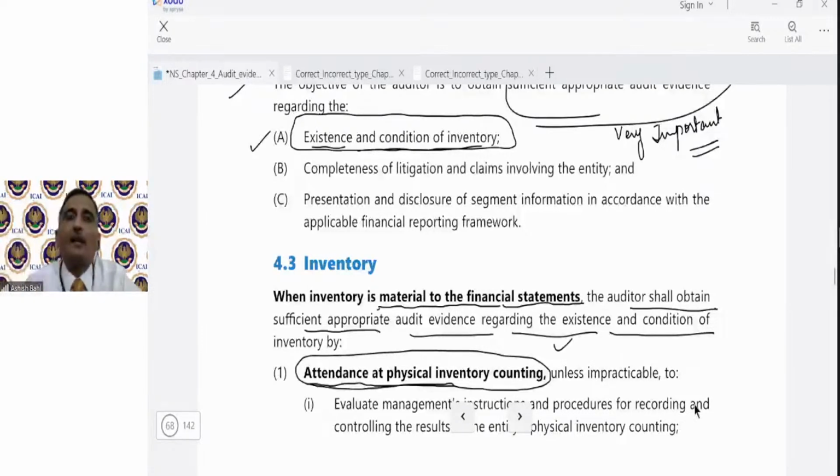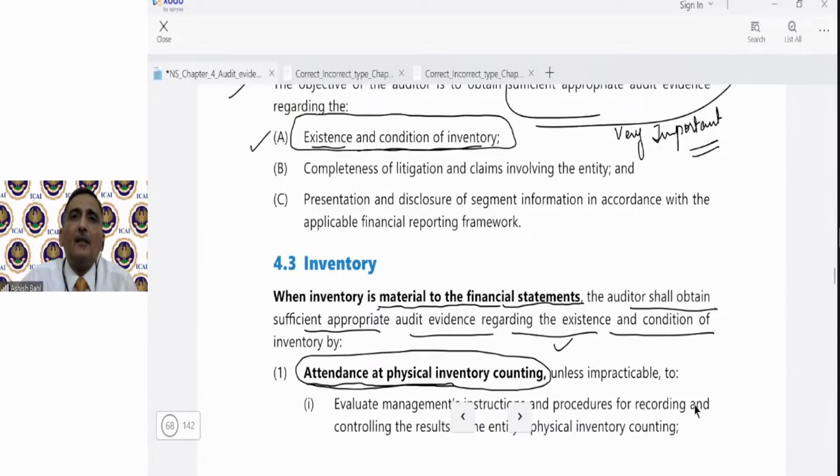Now, very important, guys. When inventory is significant to the financial statements, how will the auditor obtain audit evidence? He shall obtain audit evidence by attending the physical inventory count.